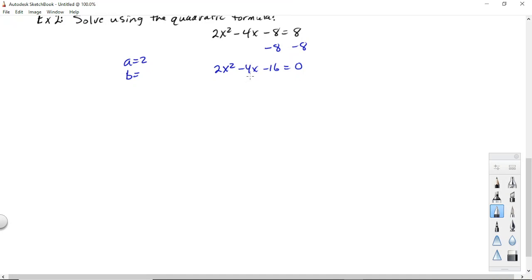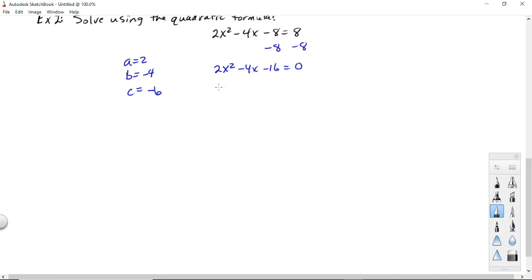B is the thing that's multiplied by x, and that's negative 4. And c is the other number that's not multiplied by x at all, or x squared, and that's negative 16 right here. Make sure you don't go back and look at the original one, because that's not the right one. It has to be the one in the equation that you have set to 0.